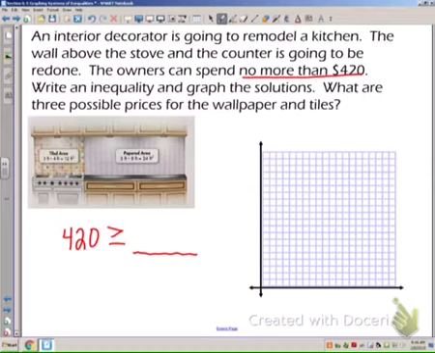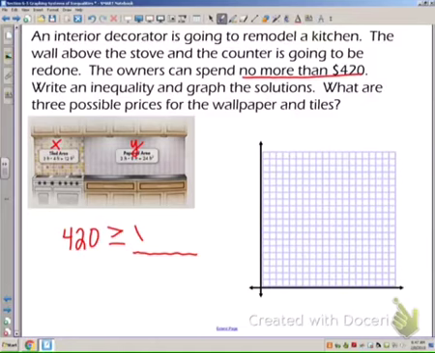So now let's think about this and let's devise a plan. We don't know how much they're going to spend on the tiled area, so we'll just say that the tiled area represents x. How much they're going to spend on it is x dollars. The papered area, we don't know how much they're going to spend on it, so it's y dollars.